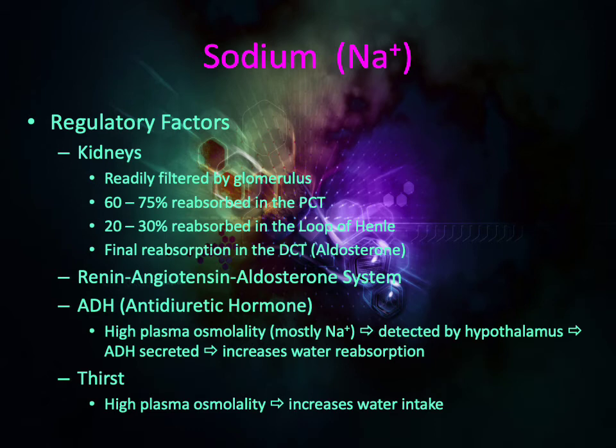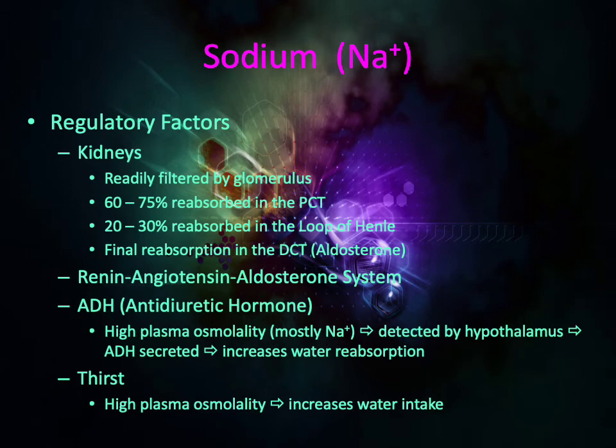Juxtamedullary nephrons are the ones close to the medulla of the kidney, or at least the ones that have the DCT and loop of Henle deep into the renal medulla, or the innermost part. The concentration gradient along the loop of Henle of these nephrons enable the kidneys to concentrate urine using a mechanism called countercurrent.